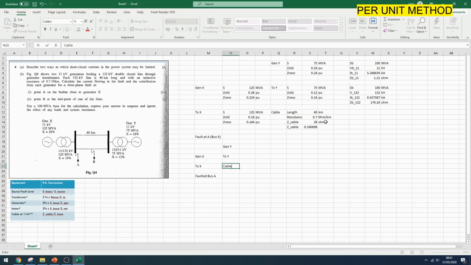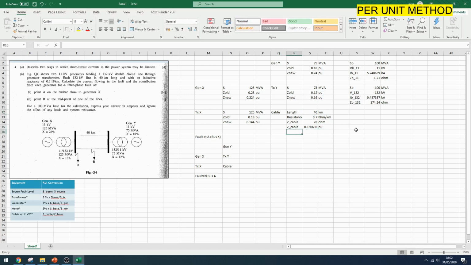I'm sorry, this is for a single line cable. Since this cable is in parallel mode, we can parallel this cable. So 40 kilometer, 0.7 ohm is per cable. So this is for one cable.